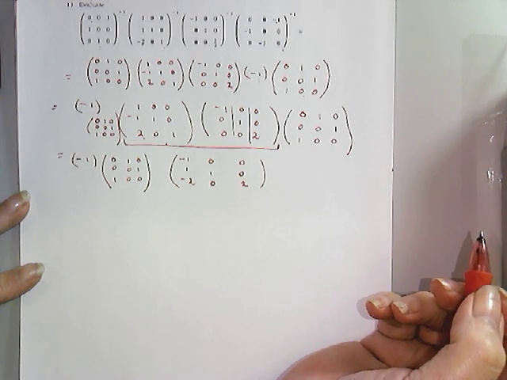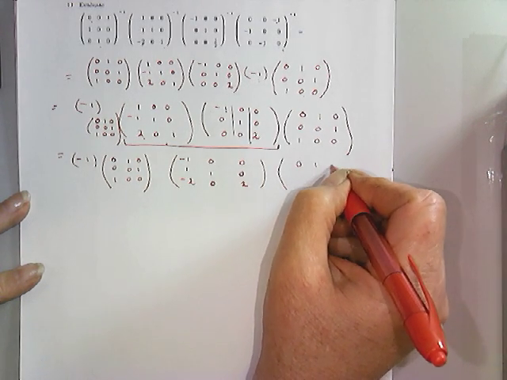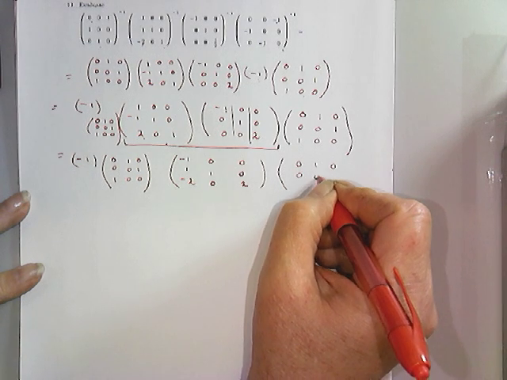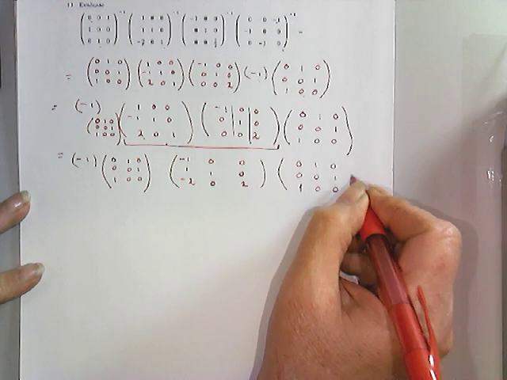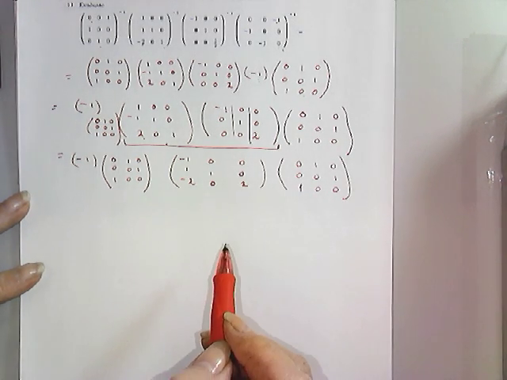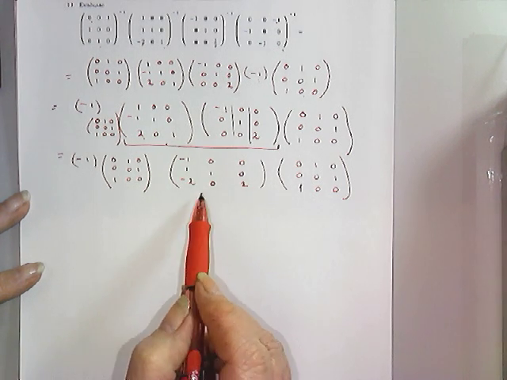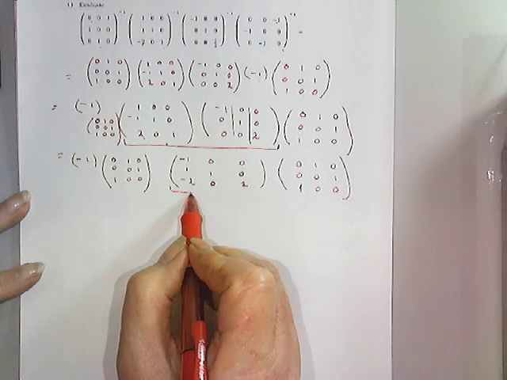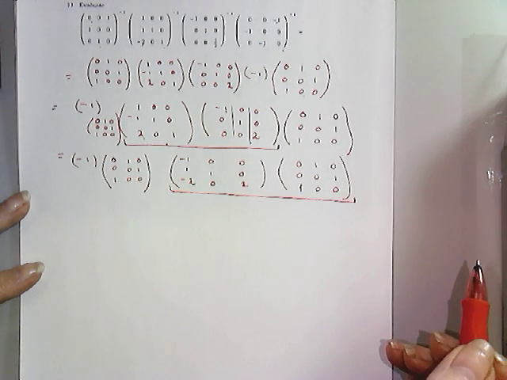Now, what happens when we multiply a permutation matrix times another on the left or the right? Well, notice that in this particular case, it doesn't matter the order.